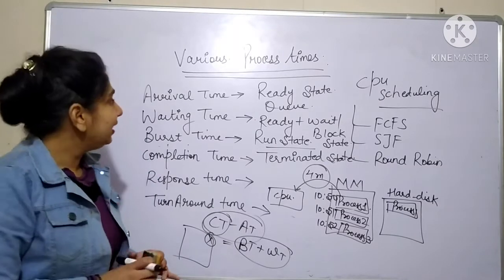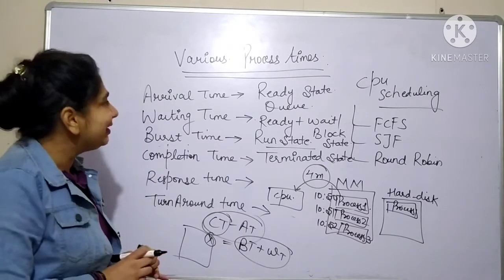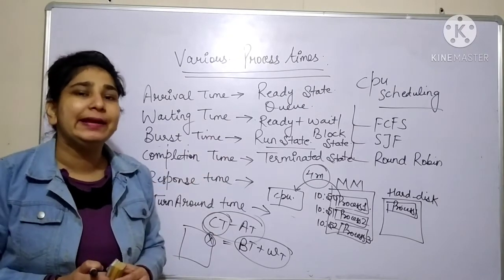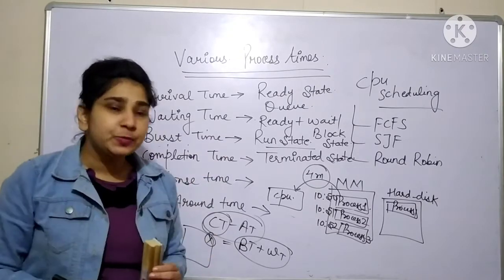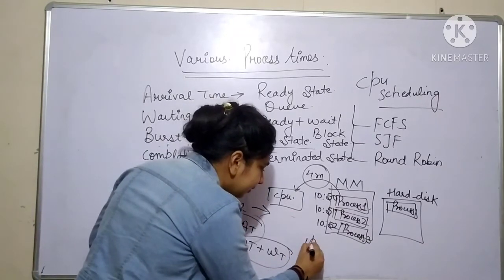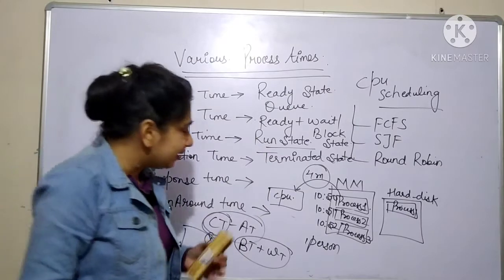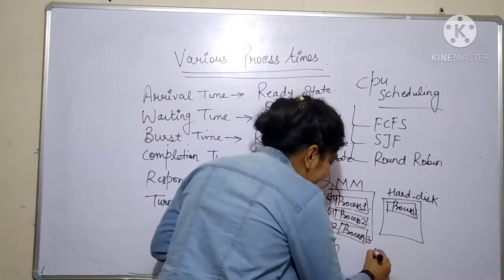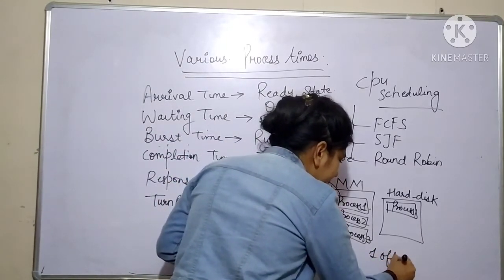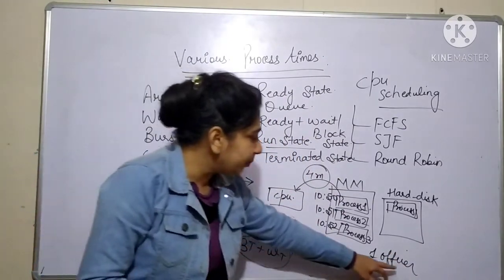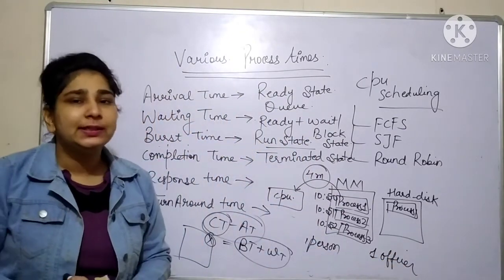Okay, so now let me give you one real life example so that you can understand it better. Let's suppose one person wants to meet one officer in a department. We have one person who wants to meet the officer of the department.